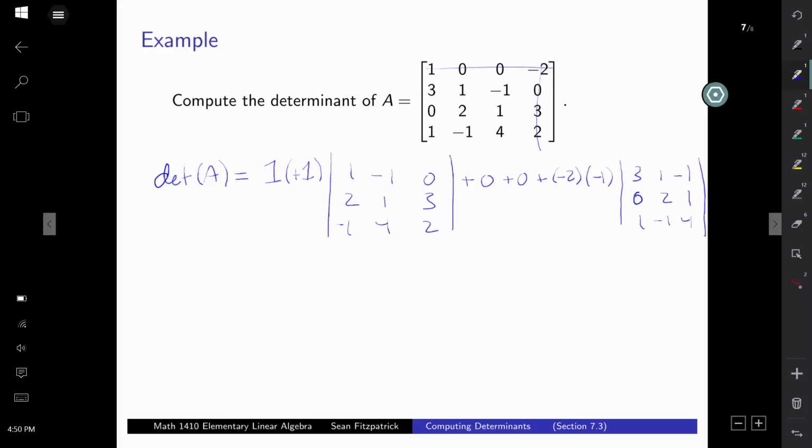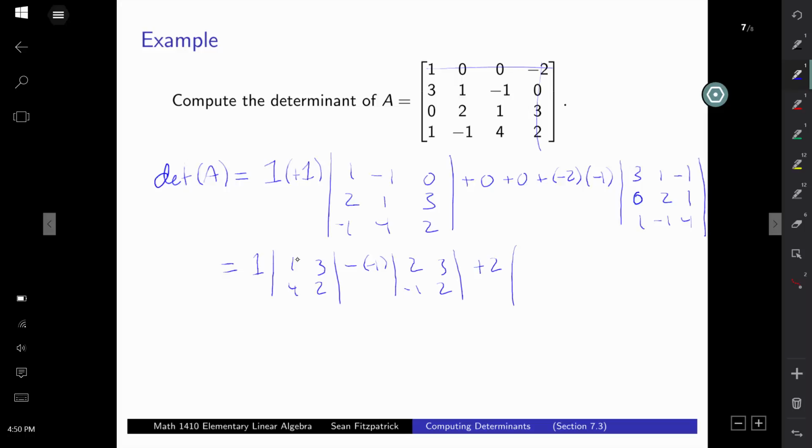Okay. And then I calculate each of these 3 by 3 determinants. And so the first one, again, I just have a 1, so I'm going to expand along the first row. I get 1 times 1, 3, 4, 2, subtract minus 1 times 2, 3, minus 1, 2, and then I've got plus 2 times.